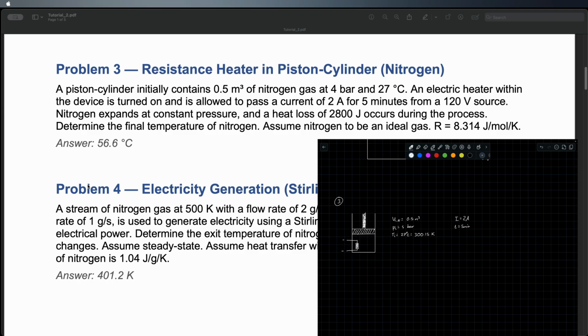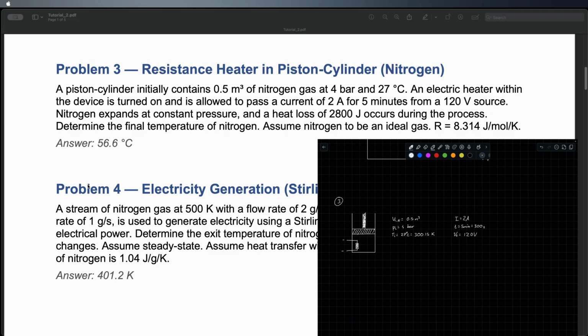So 5 minutes times 60 is 300 seconds. And then we have a voltage. Let's differentiate the V and say the voltage source is 120 volts.